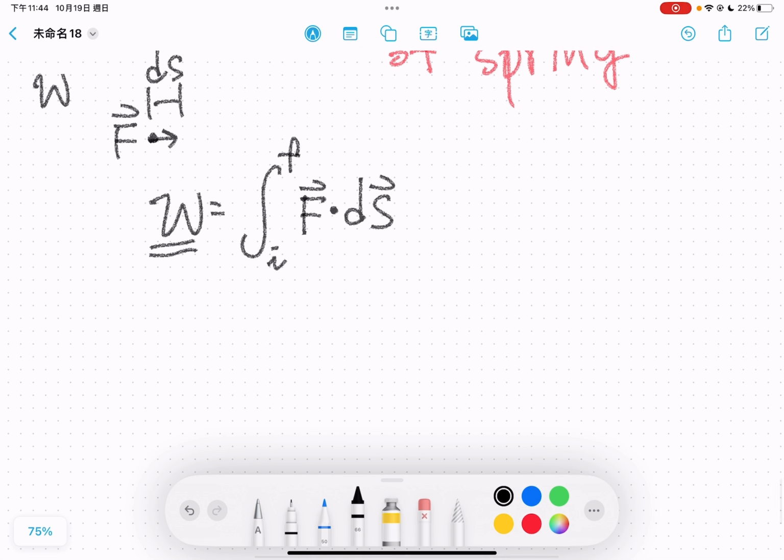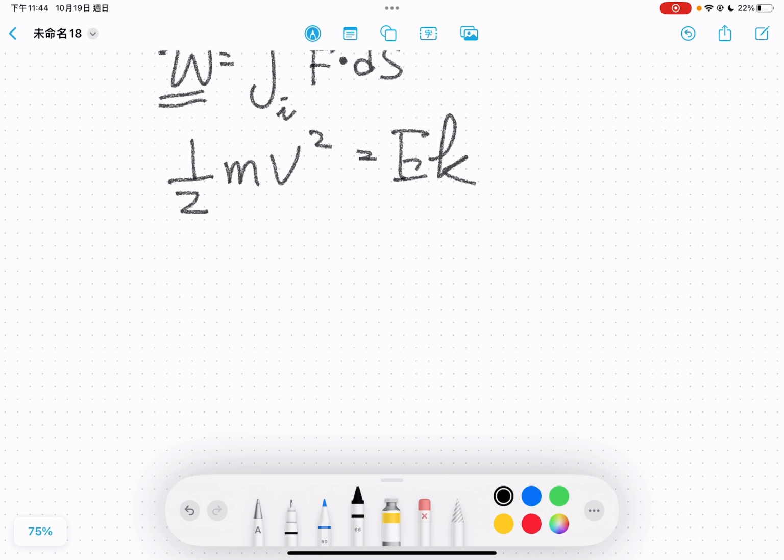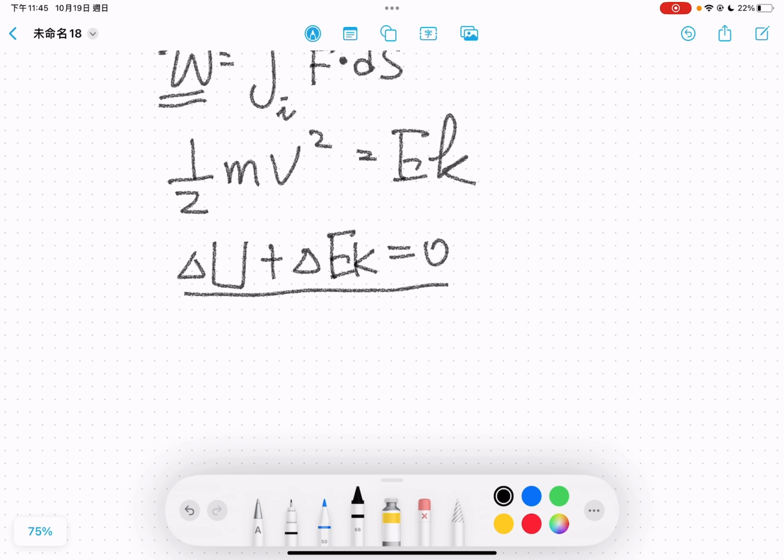And the kinetic energy is half multiplied with the mass and the velocity squared, EK. Then if we change the kinetic energy, the energy will be saved or released in the potential energy. So we get the conservation of energy: the change of the potential energy plus the change of the kinetic energy is 0. This is conservation.